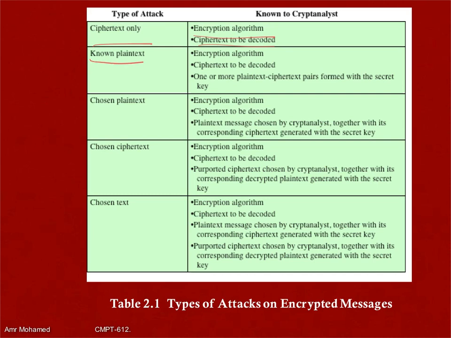The attacker knows the ciphertext, of course, which is free, because it's transferred over the network, public. Everybody knows it. But in addition to this, the designer may assume that the attacker knows more than that. The attacker knows some known plain text, which means the attacker knows a ciphertext I and the plain text I that corresponds to it.